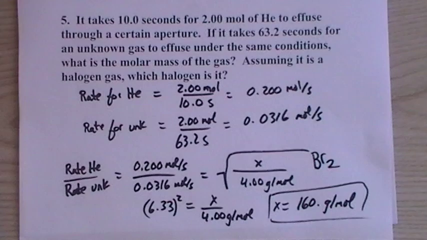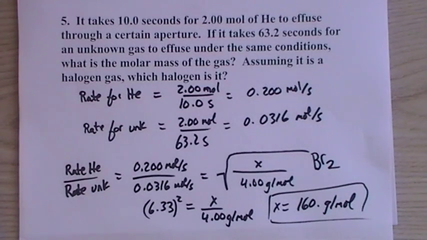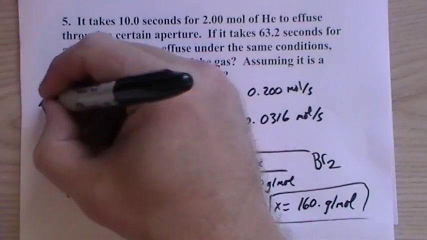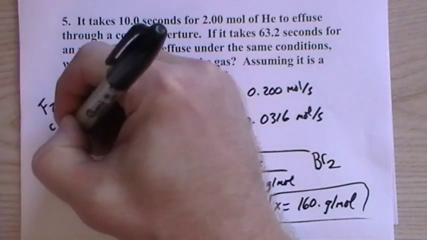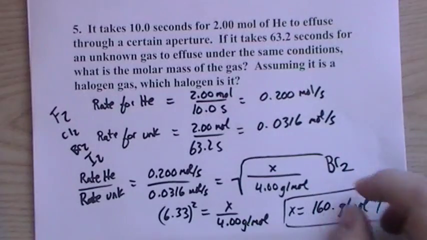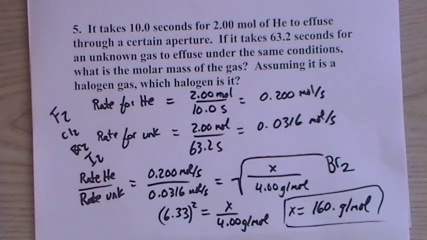They didn't tell us much more than that, but if we look at the halogens, there's F2, Cl2, Br2, and I2. Bromine is a liquid, but it's a very volatile liquid, and it doesn't say the other conditions here, so if it was hot enough, they'd all be gases, but you see the only one that has that molar mass is bromine.